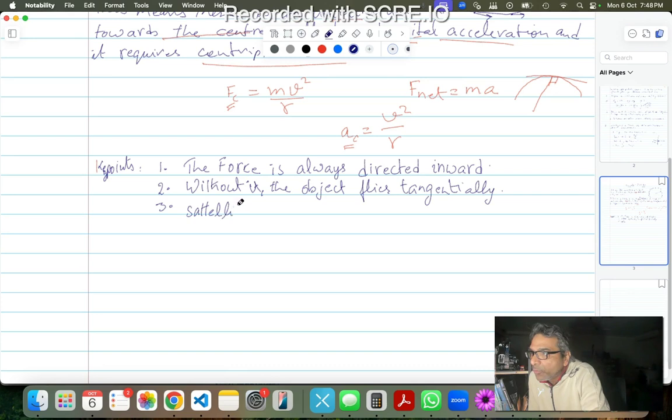What is the moon? The moon is a natural satellite of Earth.